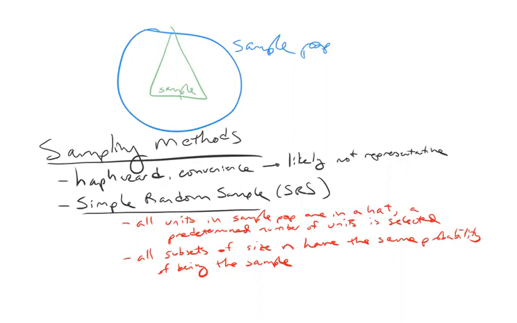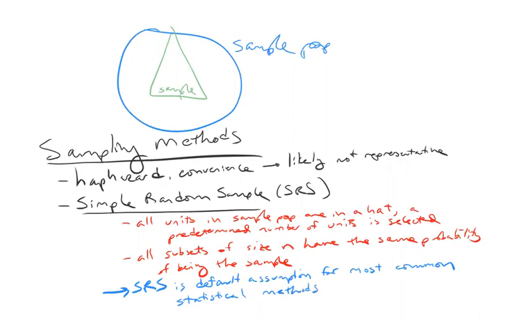For this reason, the simple random sampling technique is the default assumption for most common statistical inference methods. Let me say common statistical methods. For example, if you have seen a t-test before, which I think you have, a t-test assumes simple random sampling.